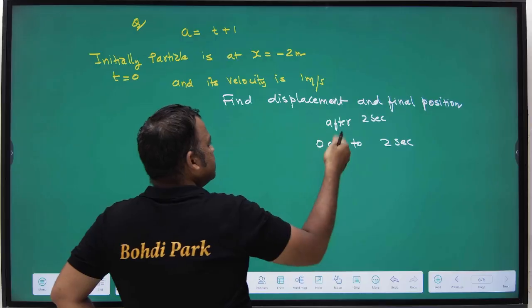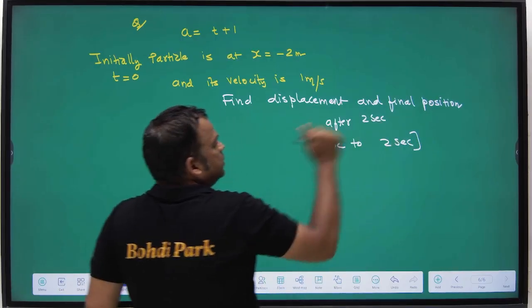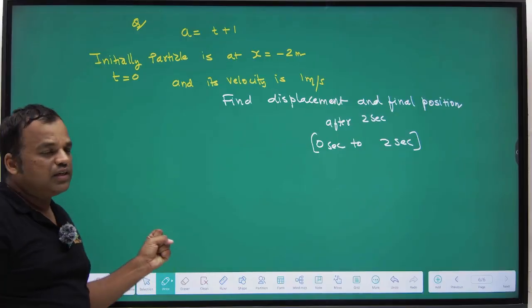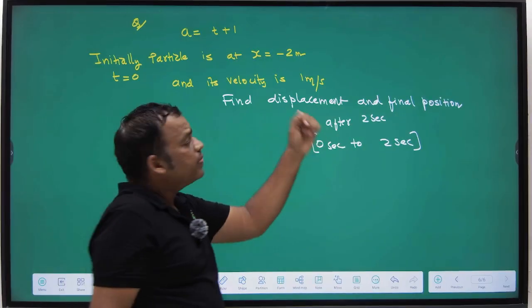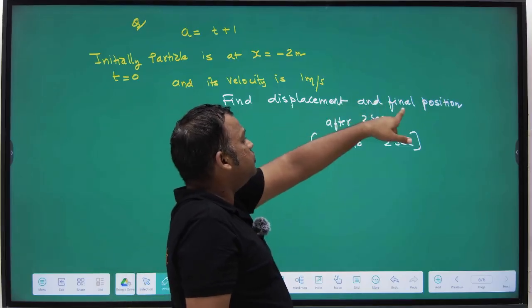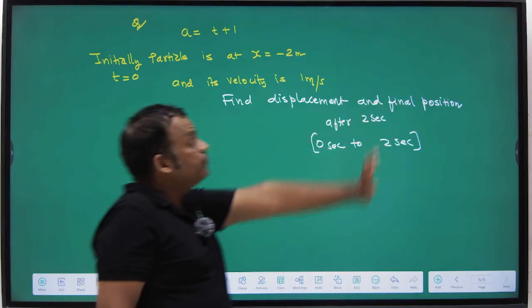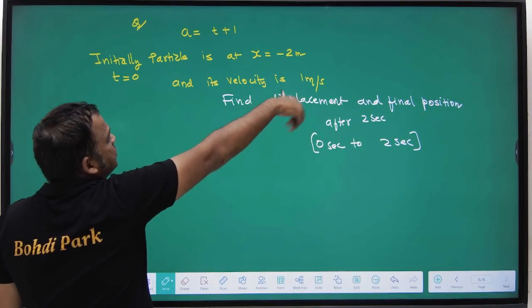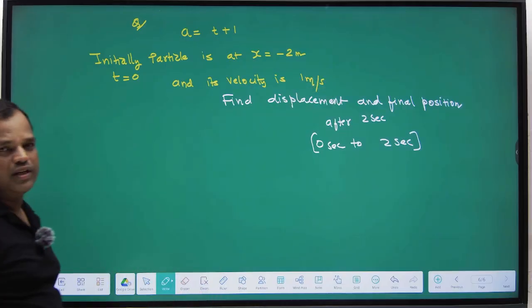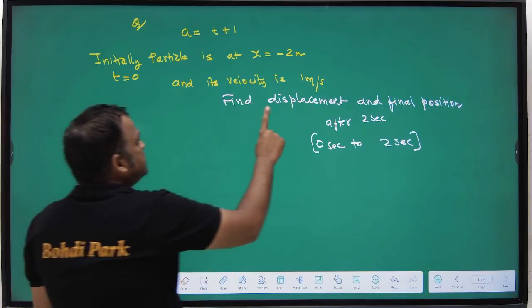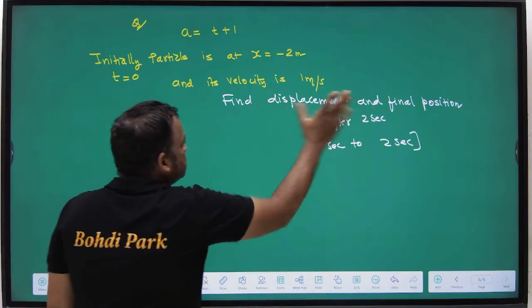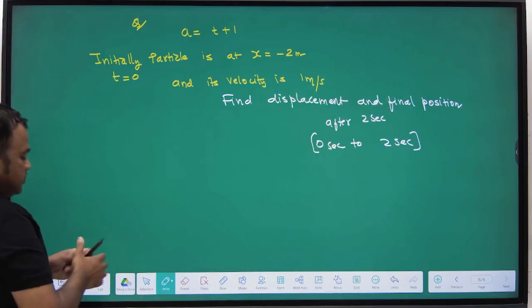Initial time is 0 second, final time is 2 second. So between 0 to 2 second, what is the displacement? That is the question. And also, what is the final position? Because initial position is given as minus 2. So in the question they are asking what is the final position. So two answers you have to give, because there are two questions, displacement and final position.